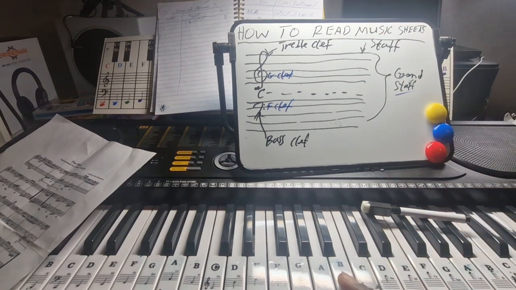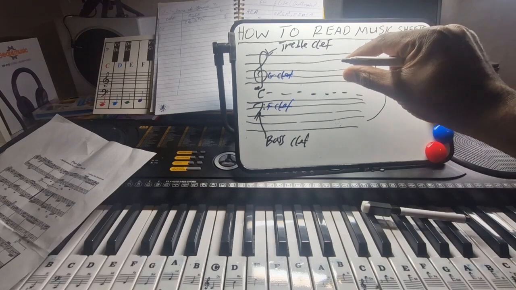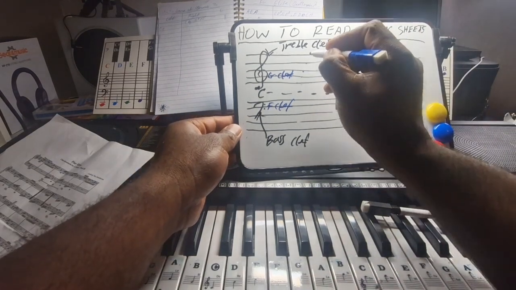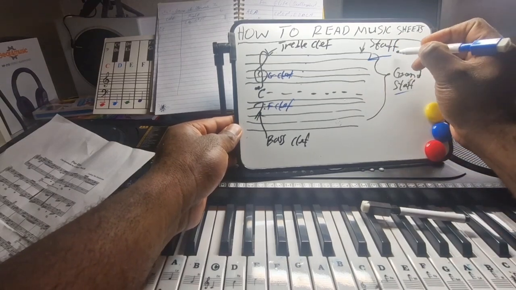Though the keys are made according to the first 7 letters of the alphabet, like I said, for the staffs, you have the 5 lines and 4 spaces. Now, these ones are called line notes.